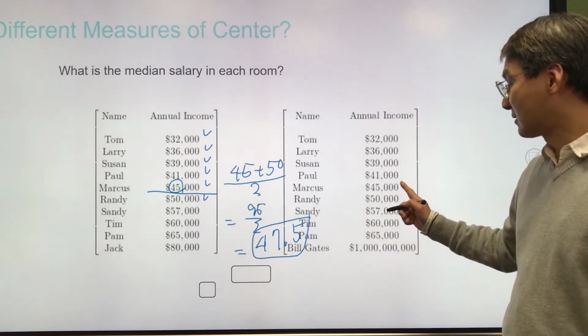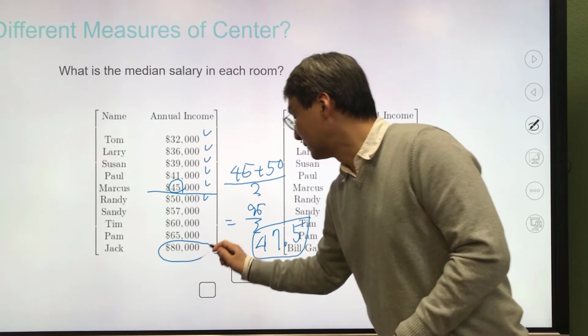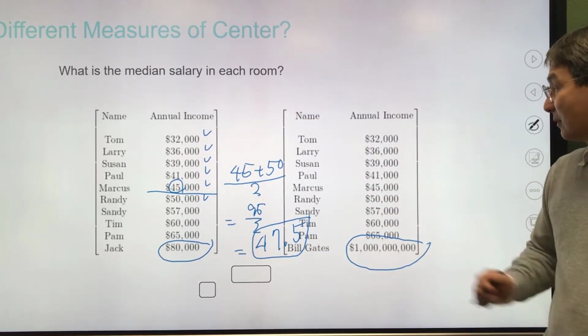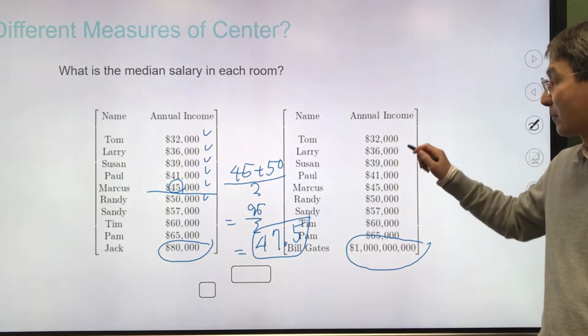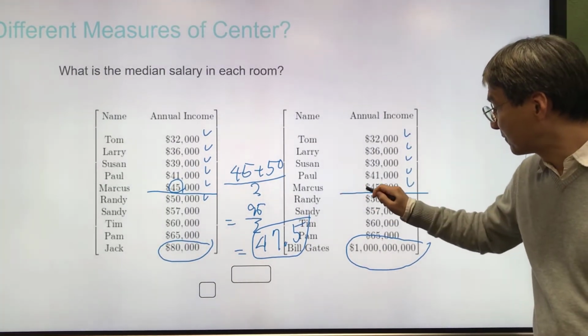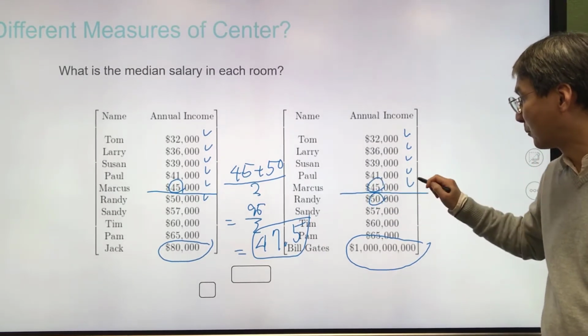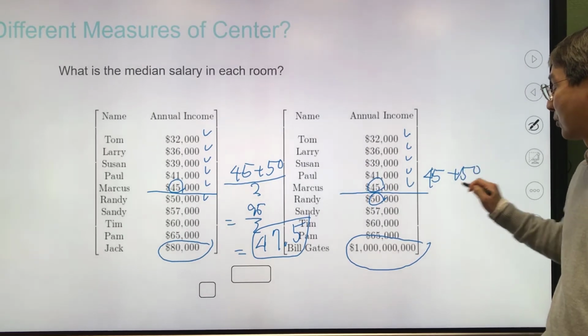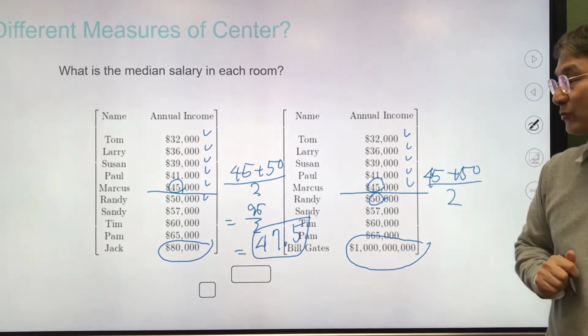For the second data set, we have a different data point for the last one, but the rest of them are the same. So 1, 2, 3, 4, 5, and the 5th and 6th data points are exactly the same. 45 plus 50, therefore, this is the same as the previous one.